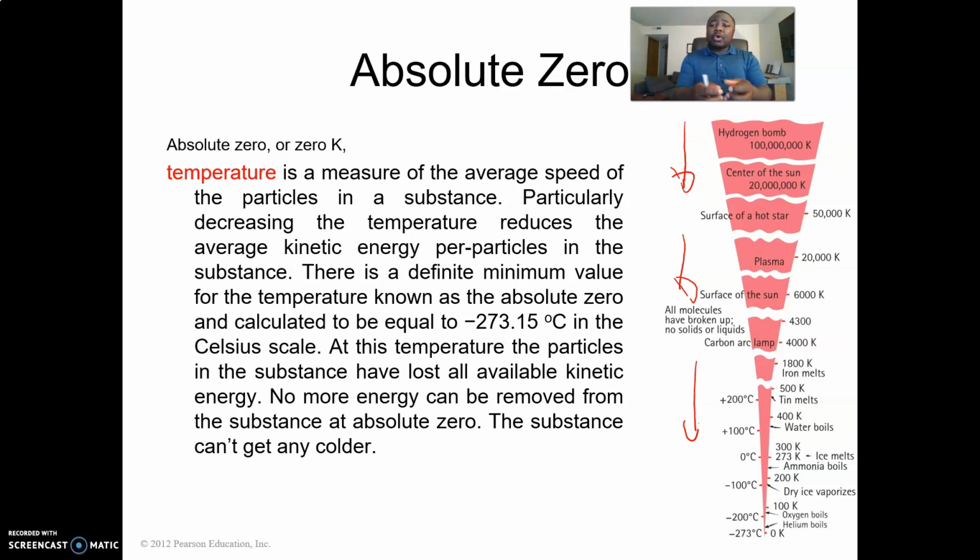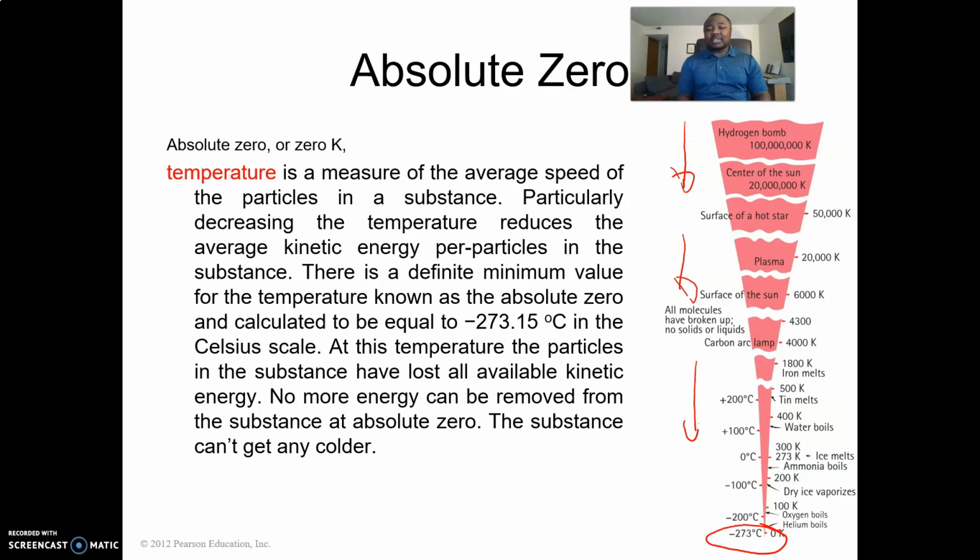Now, when we get to that point where there is no motion, then we say that we are at absolute zero temperature. And at that point, the pressure is totally zero. It's been discovered that the point where there is no motion or vibration in the particles is at minus 273.15 degrees Celsius.